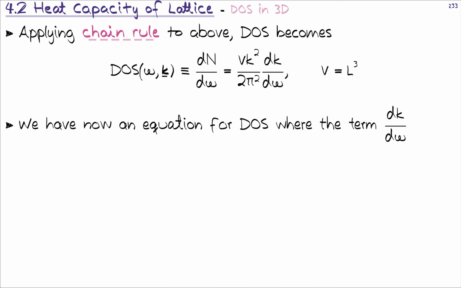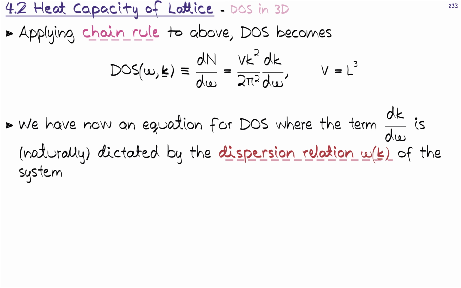And here we have the term dk over d omega, the derivative of the wave vector, or the magnitude of the wave vector, with respect to the frequency. This is of course given by the dispersion relation of the system. Recall, the dispersion relation is a function that tells us how omega changes as a function of k.